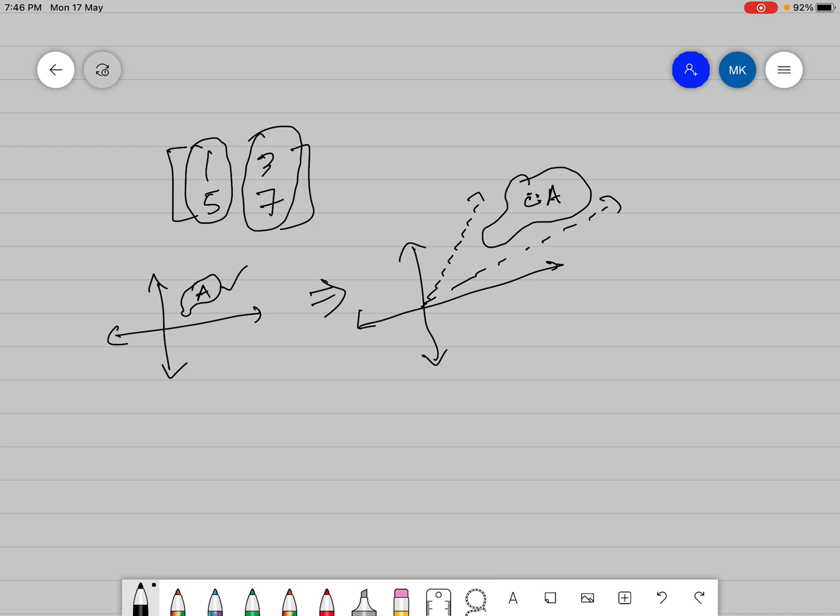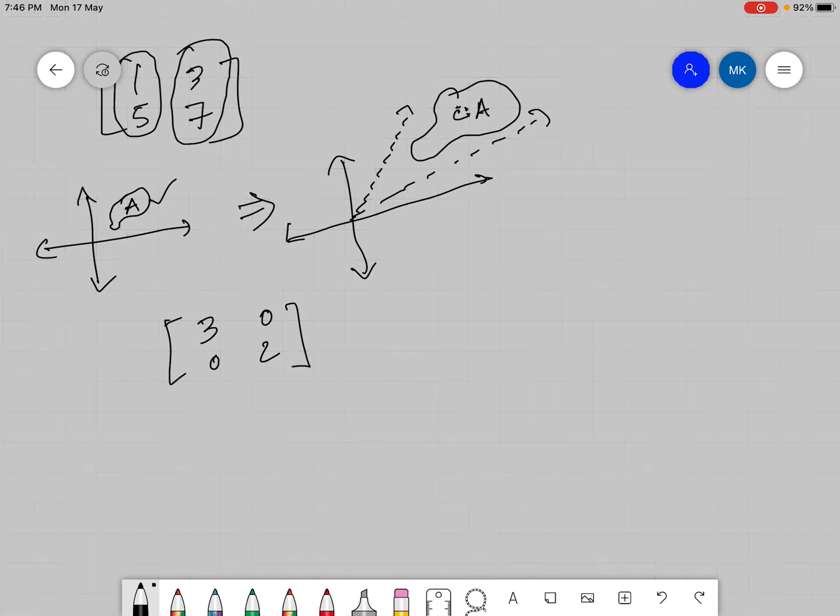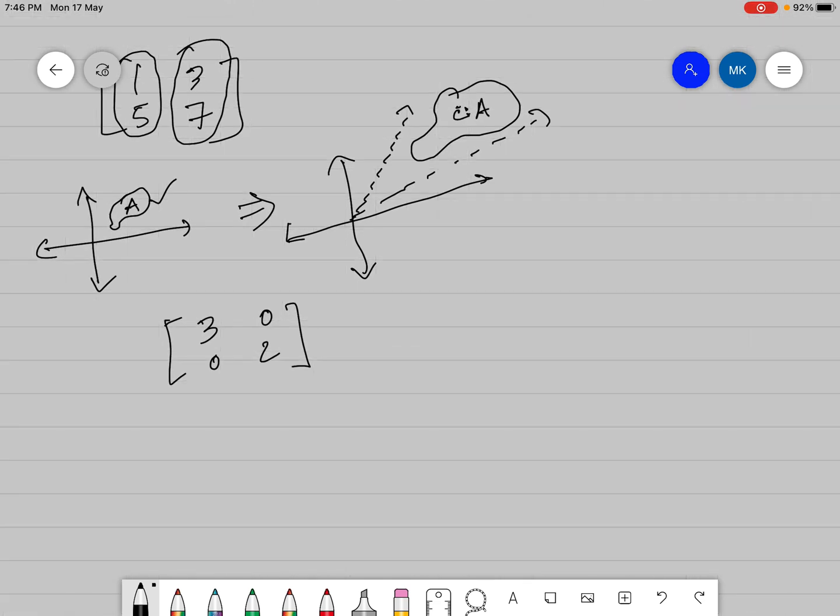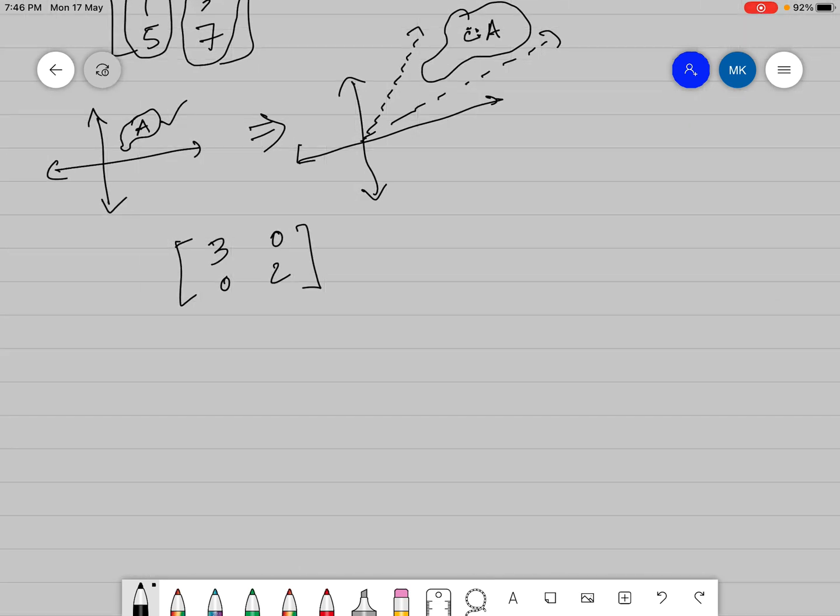Let me give you a more specific example. Think about this matrix 3 0 0 2. Before the transformation we had this I cap and this J cap.